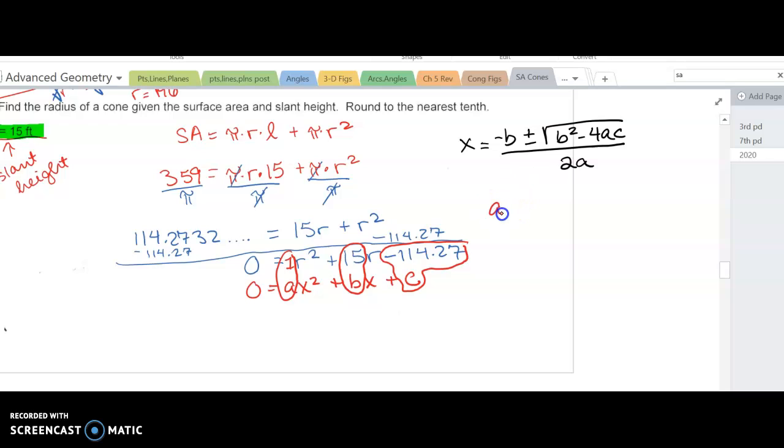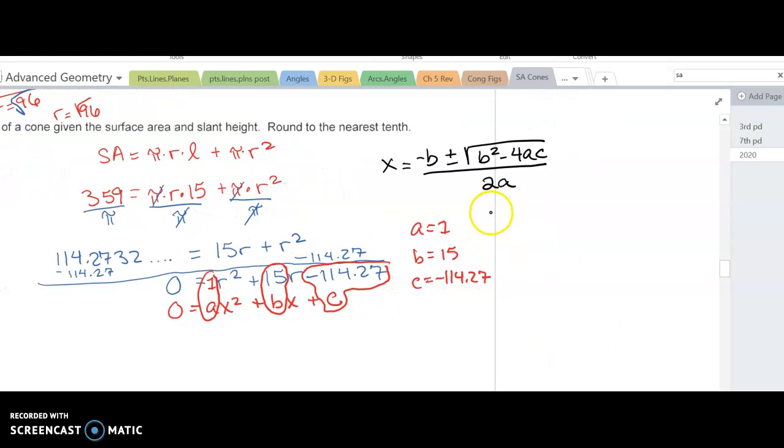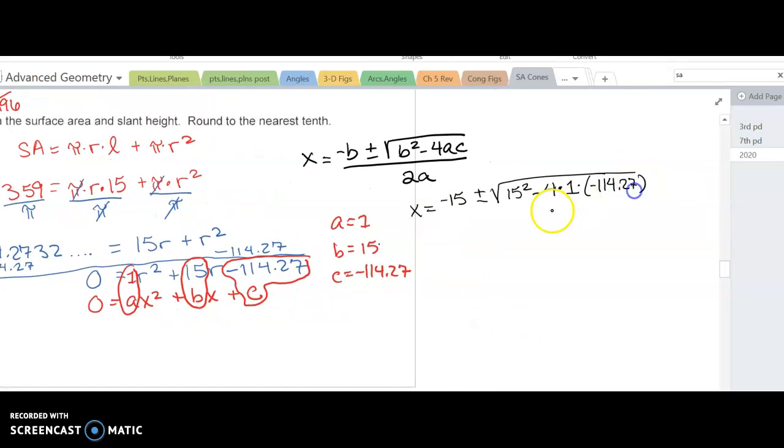So a we said was 1, b would be 15, and c is negative 114.27. So what we do is we put that in the quadratic formula. So x equals negative 15, negative b, plus or minus the square root of 15 b squared minus 4 times a, which is 1, times c, which is negative 114.27, all over 2a, 2 times 1.